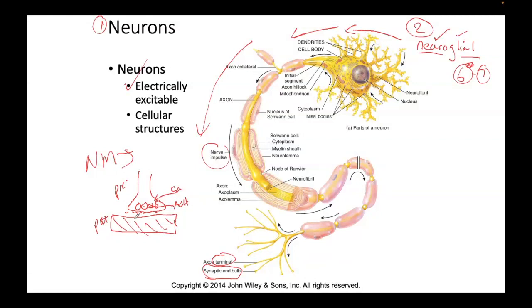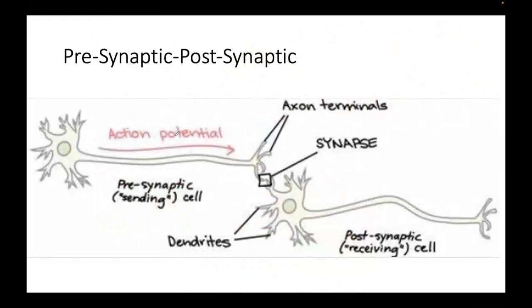The acetylcholine hits these receptors on the muscle end, the motor end plate, and when it does, it opens up and sodium rushes in. When sodium rushes in, it creates the electrical current, the depolarization. So here's one neuron sending the action potential, or nerve impulse, down in this direction, and then relaying it to another one.